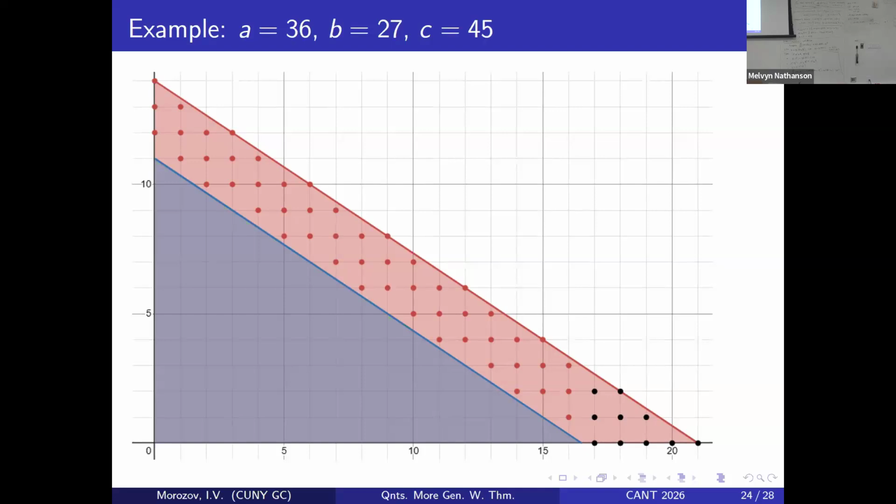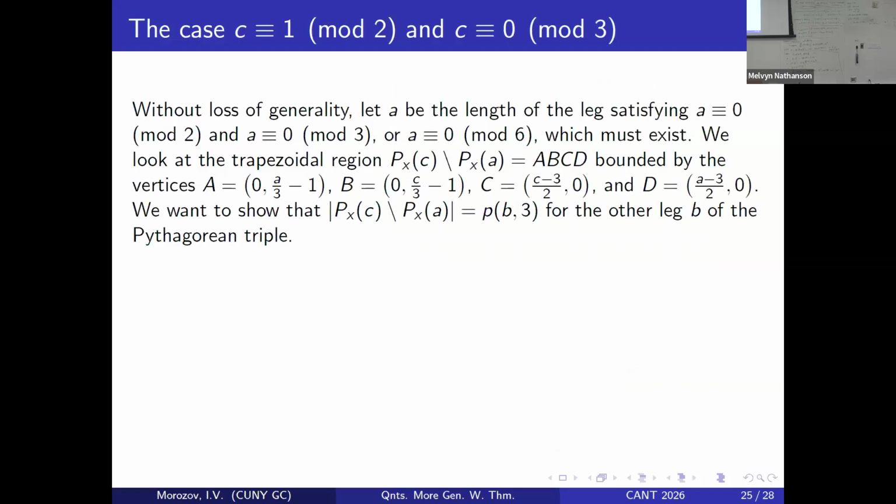And we want to verify that the number of partitions where they don't overlap is the same as the number of partitions of 27 into 3 parts. Counting it as the number of lattice points in this parallelogram plus this triangular region, we get that this is true. And this is just how the proof looks.